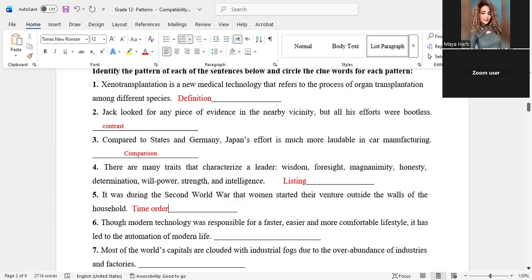Here we have a word that is a sign of a certain pattern. This one. Though. Though indicates which pattern? Though, although, but, despite, those words indicate which pattern?